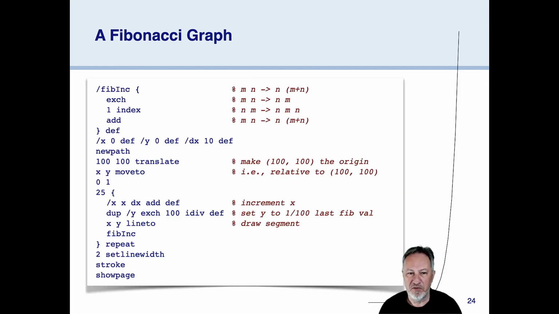Here's an example of a Fibonacci graph. So what we're doing is we're graphing the Fibonacci values, scaling it, however, because Fibonacci grows way too fast. So in order to draw this graph, we need a bunch of things. First of all, we need to compute the Fibonacci values.